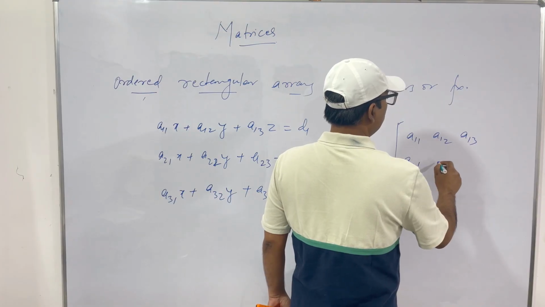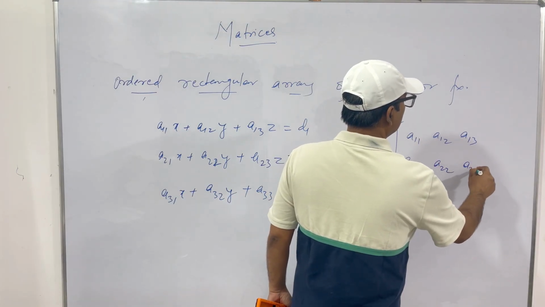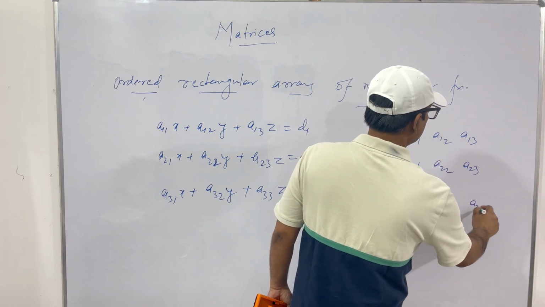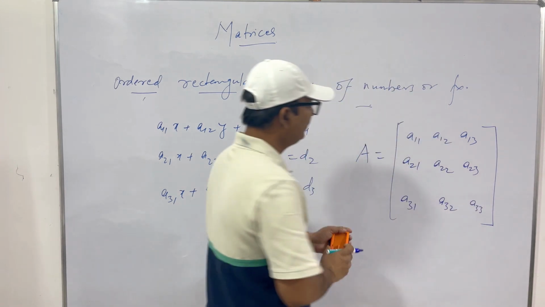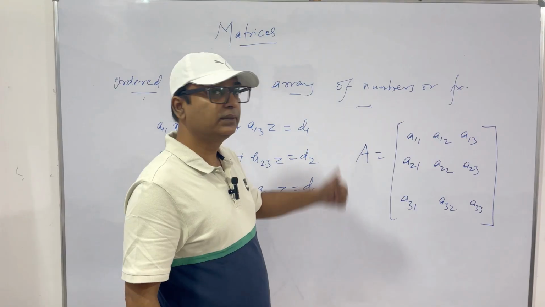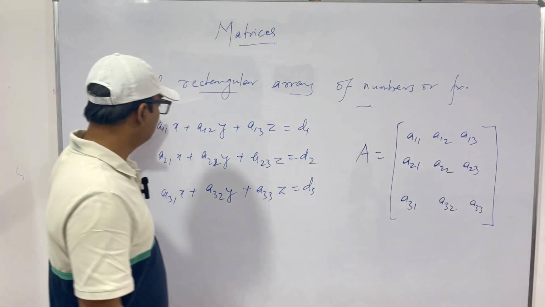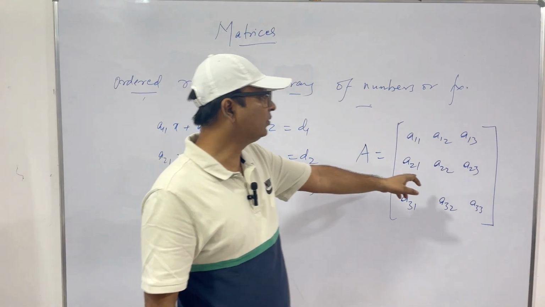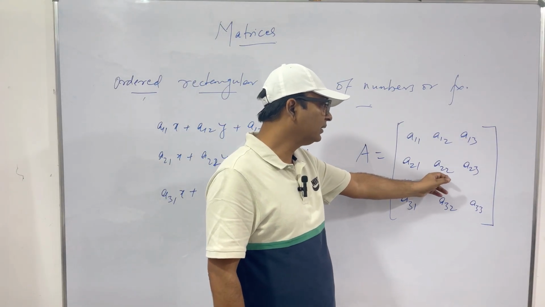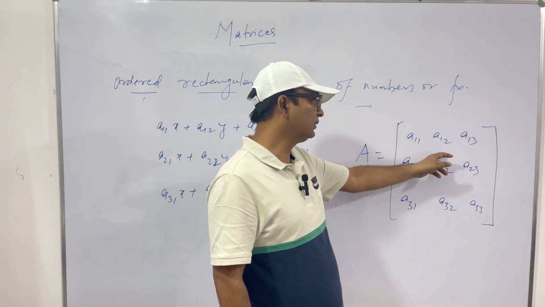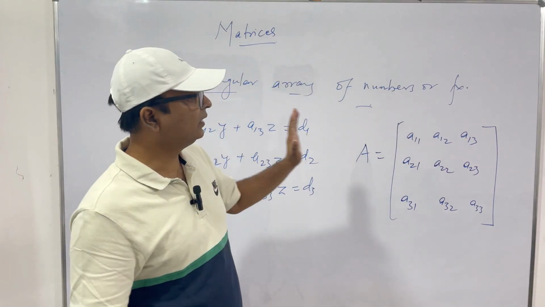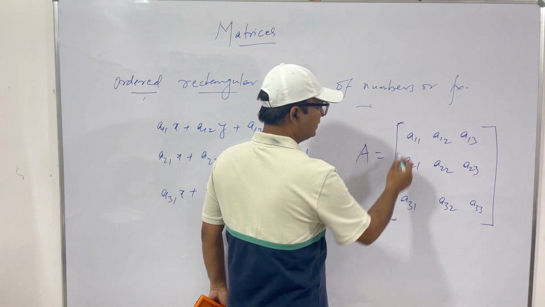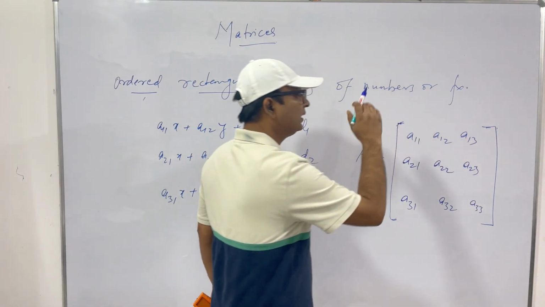Then the second row is a21, a22, a23, and the third row is a31, a32, a33. If we represent it like this, it becomes very neat and clean. We can directly see what is the coefficient of y in the second equation. It is a22. So this is a way to represent it, and we use this capital bracket. This is the sign of the capital bracket. So this is now a matrix.